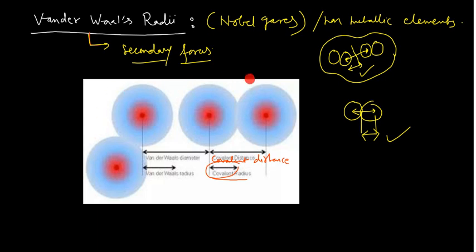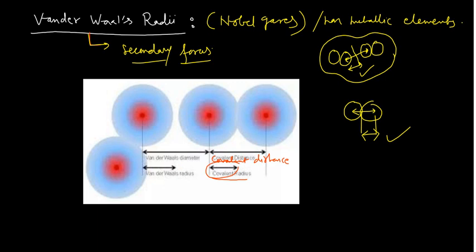This sample is in the solid state, and in this solid state you are having this molecule, you are having another molecule, okay, and these two nuclei are not bonded together by any chemical bond, but they are adjacent to each other, and we are taking the half of the distance between the two neighboring adjacent atoms in the solid state. That would be your van der Waals radii. I hope this is clear to you.